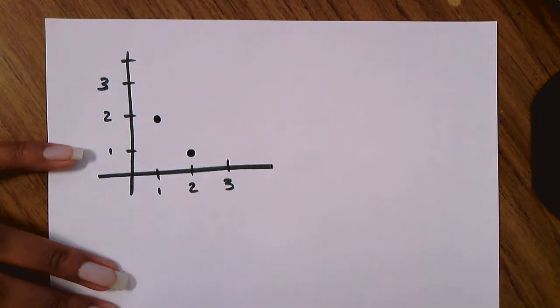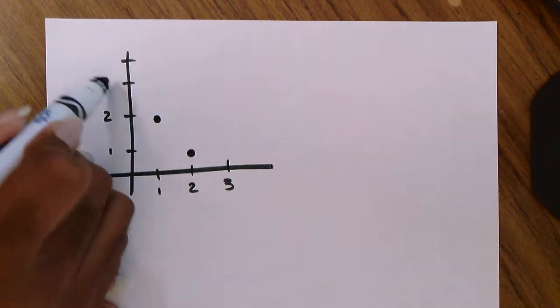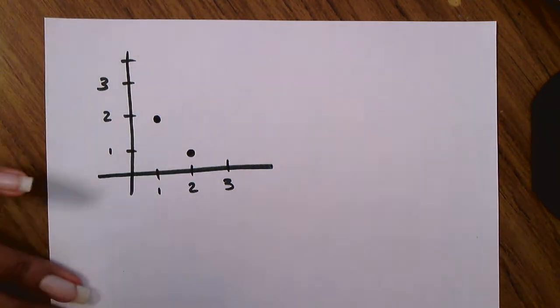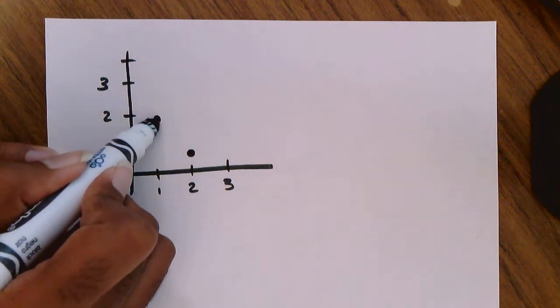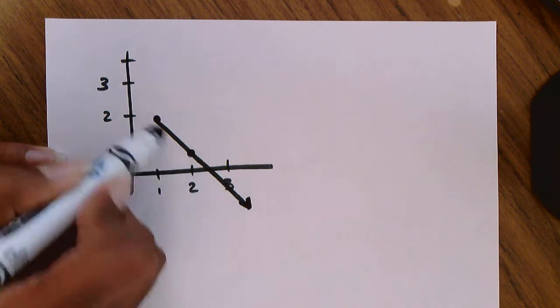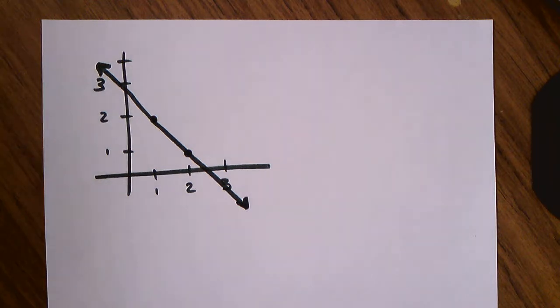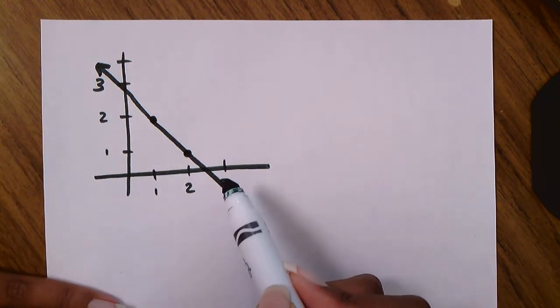Let's say it just goes through those 2 points, right? I should use a ruler. Do I have a ruler around? Nope, I'm just trying to draw this as accurately as I can. It goes through those 2 points. All right, so there's my line, and I have identified these 2 points on my line.